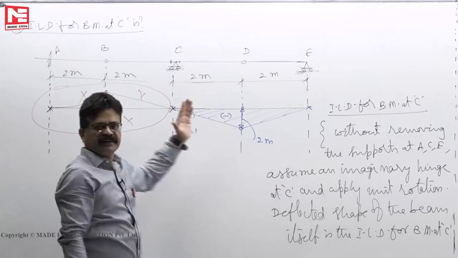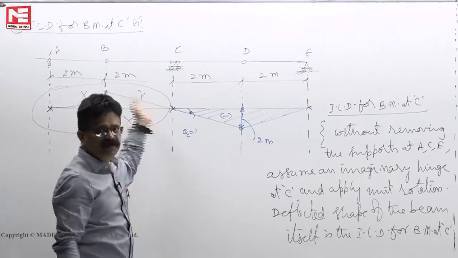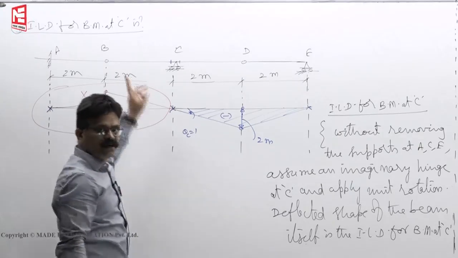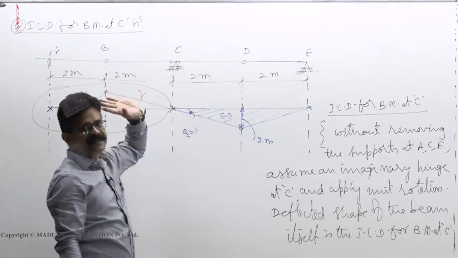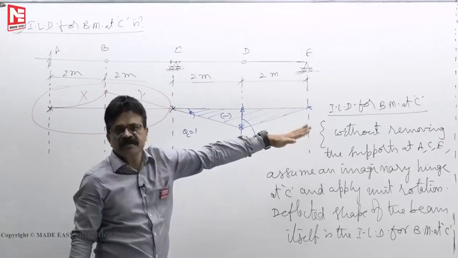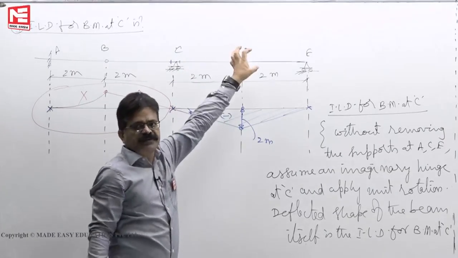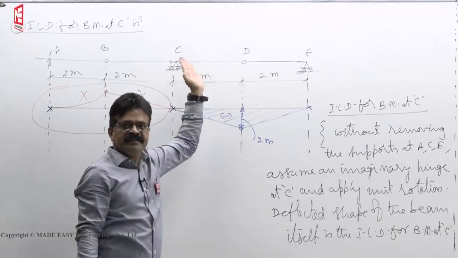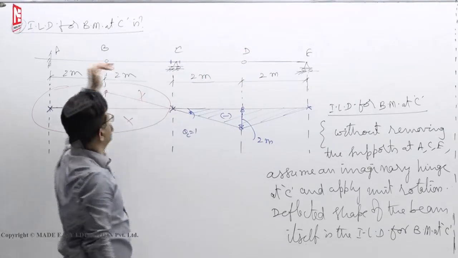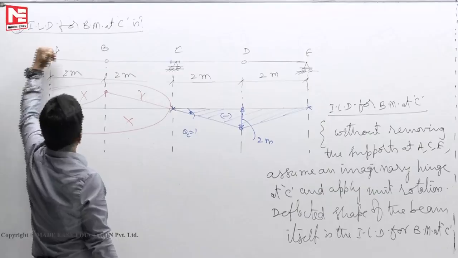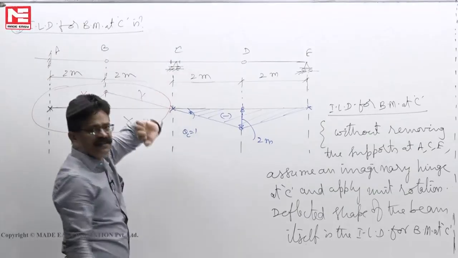Next process, that means this side there will not be any influence of unit load on bending moment at C. When the load crosses C, only then influence of unit load on bending moment at C will exist. So you see here, when the load is moving from A to B to C, bending moment at C is 0.